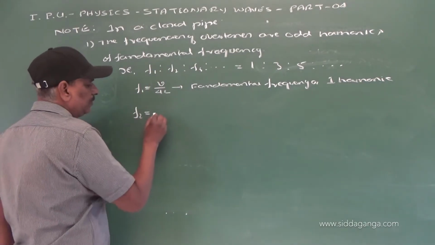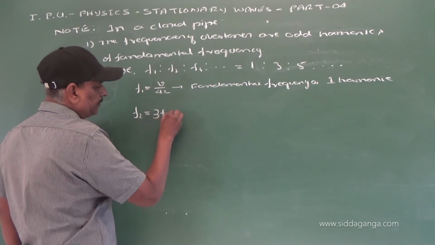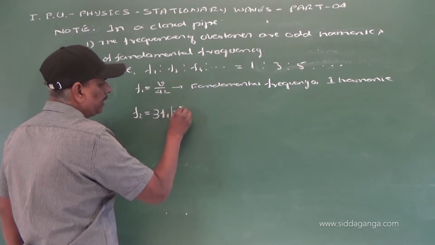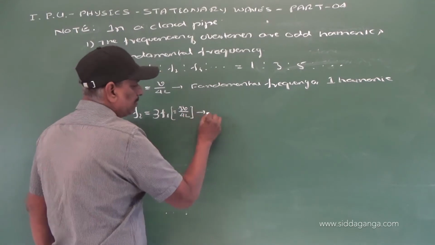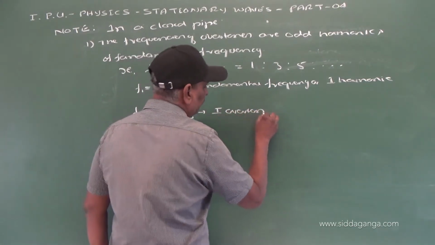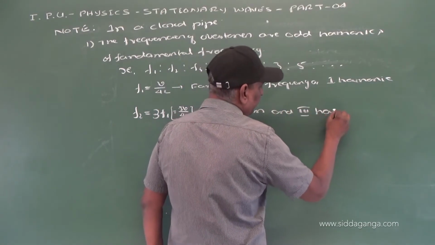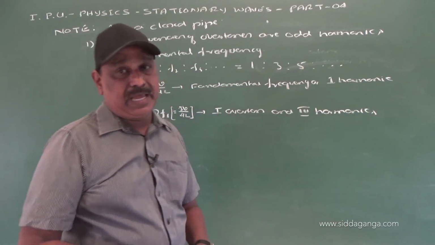F2 is equal to 3 times F1, that is equal to 3V by 4L. It is called the first overtone and the third harmonic. You should be very careful.